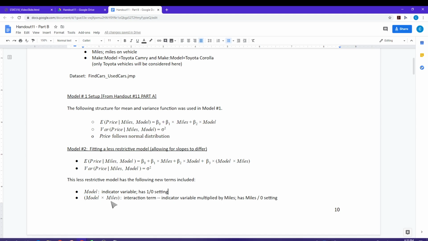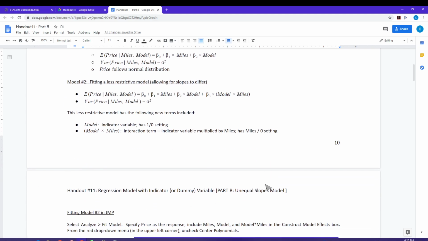The indicator term here is going to be 1 times miles for a Camry, and it's going to be 0 times miles for a Corolla vehicle. So when I do the multiplication with an indicator, I'm either going to end up with miles or I'm going to end up with 0, because again, that indicator variable is just a 1 or a 0.